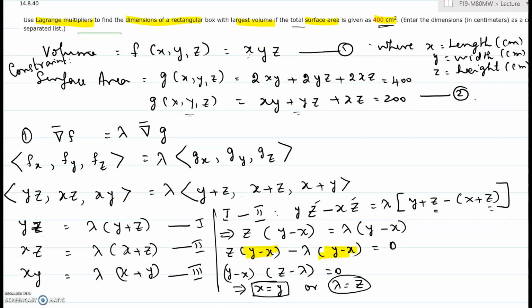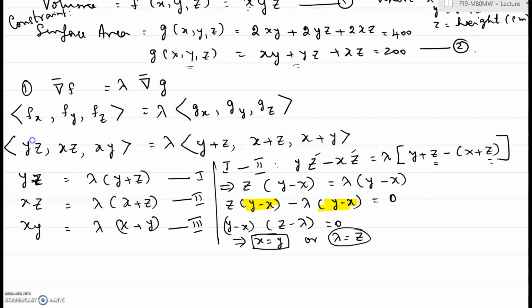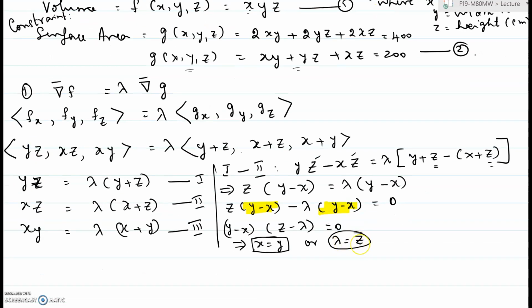Now, if lambda was equal to z by any chance, then we'll eliminate that possibility, substituting this into equation 1. So, substituting lambda equal to z in equation 1, we get yz equal to z times y plus z.